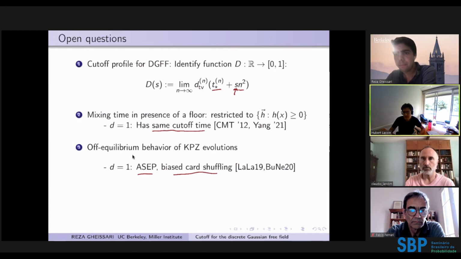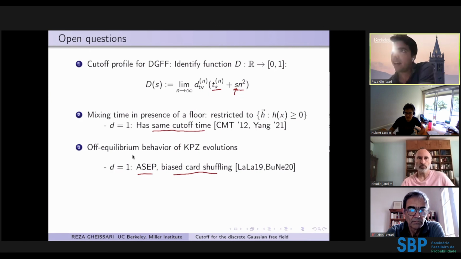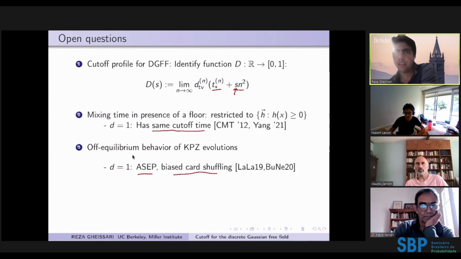Yeah, so I was wondering, can you get results if you're not looking at the distribution of the whole field, but just the field at one coordinate or on a mesoscopic box? The way we give our lower bound is basically that, rather than the total variation. If you looked at 1 point, it should be pretty straightforward, and it should mix quicker.